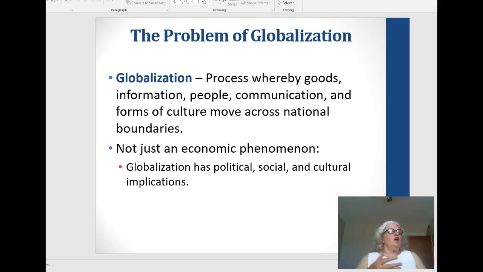We see that we have major products coming out of other countries. It means that we are in this global society. We have to communicate. We have to know more languages. It's not just an economic phenomenon, it's social and cultural, and it has a lot of implications.